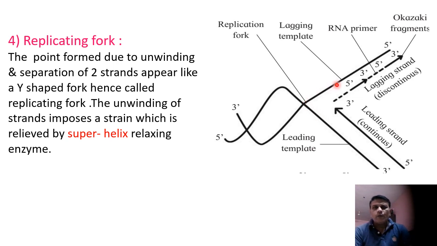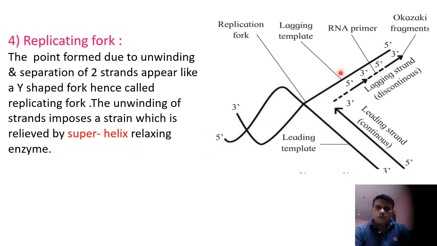Due to the unwinding of these two strands, a strain occurs on both strands, and this strain is relieved by an enzyme called super helix relaxing enzyme, so that the strands do not break or get cut.